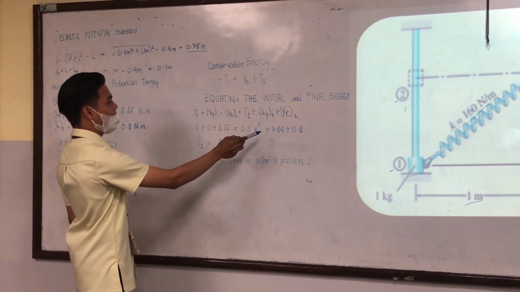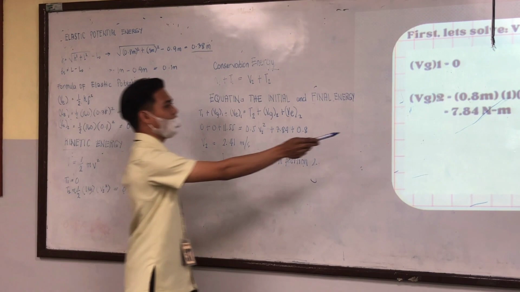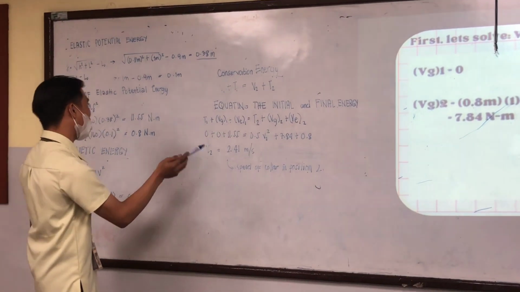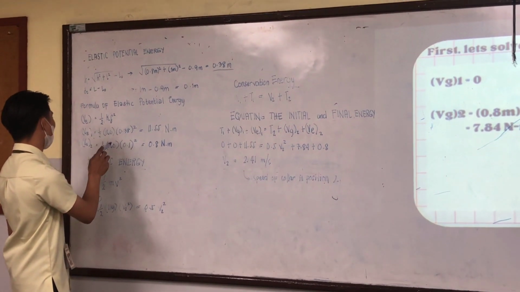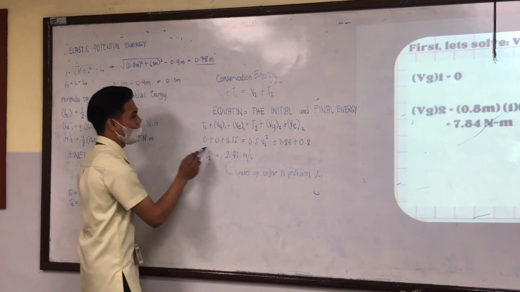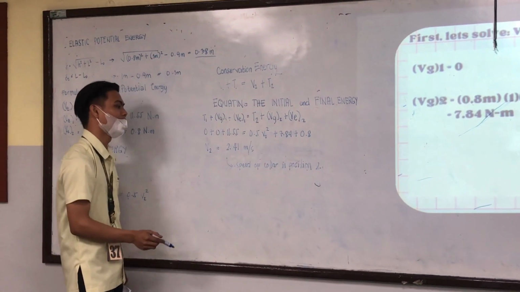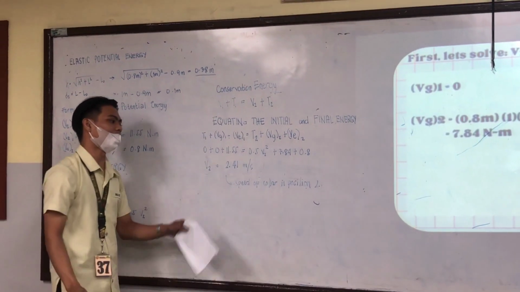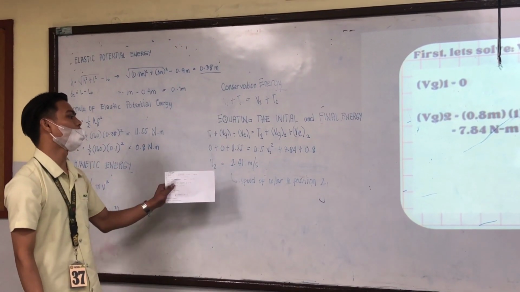And our VG2 is 7.84. Then our VE2, the elastic potential energy, is 0.8. So when we solve this using the calculator, we get the answer. So the speed of the collar in position 2 will be 2.41.